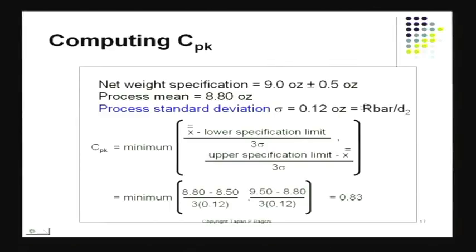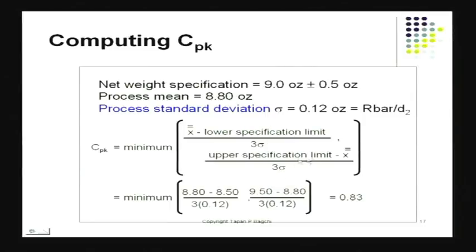And this I found by calculating my R bar by D2. Remember this is what we also used in one of the earlier calculations when we were doing SPC. Now we bring in the Cpk formula. This is different from the Cp formula. Cpk formula is the minimum of X double bar minus lower specification limit divided by 3 sigma, or the upper specification limit minus X double bar divided by 3 sigma.